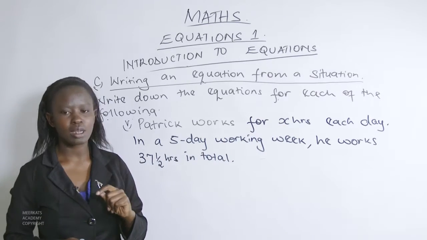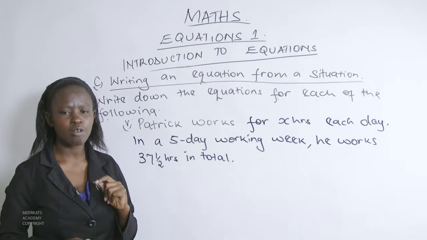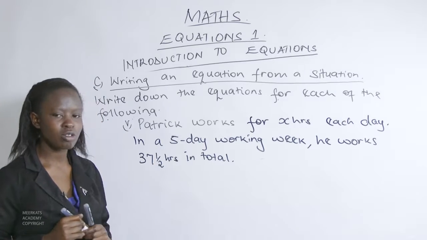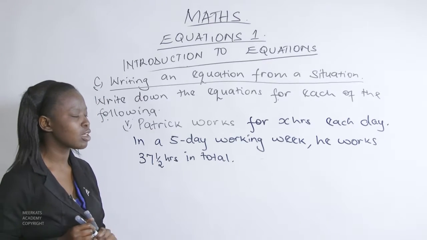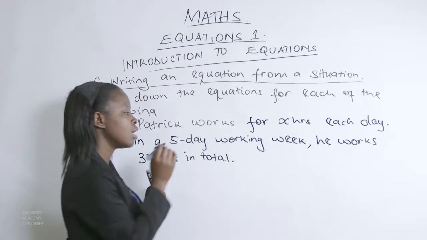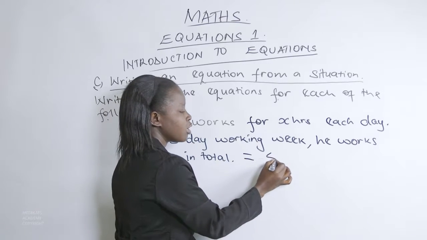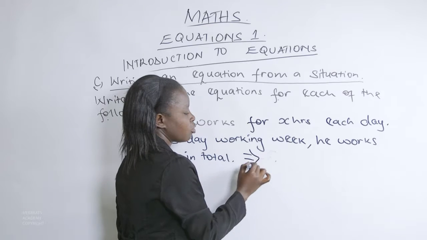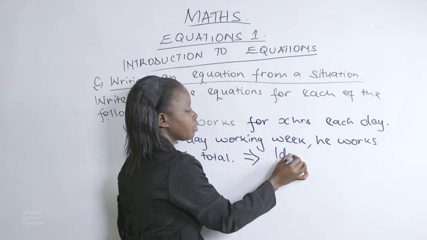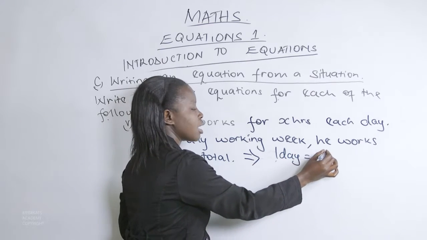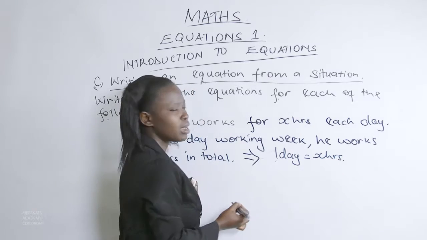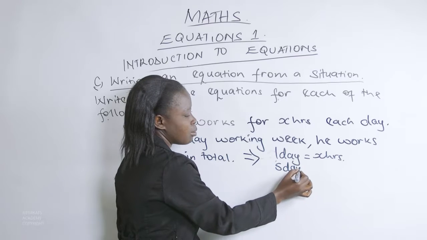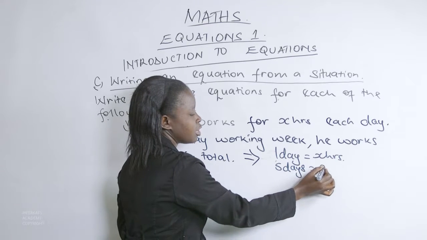So what does it mean? What is the total number of hours that Patrick worked in this given week? To get it, we have 5 days. In one day, Patrick works for X hours, but he worked for 5 days, so we need to find the number of hours in 5 days.